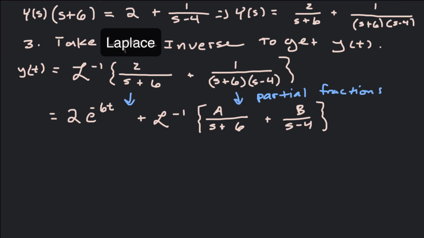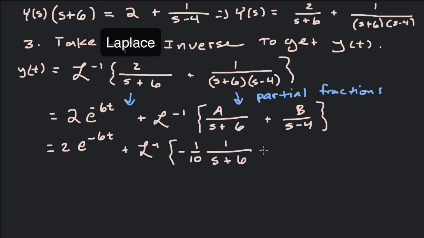Now we're looking at the inverse Laplace of 2e to the negative 6t still, plus the inverse Laplace of A, which we said was negative 1 over 10, times 1 over s plus 6, plus B, which is 1 over 10, times 1 over s minus 4.